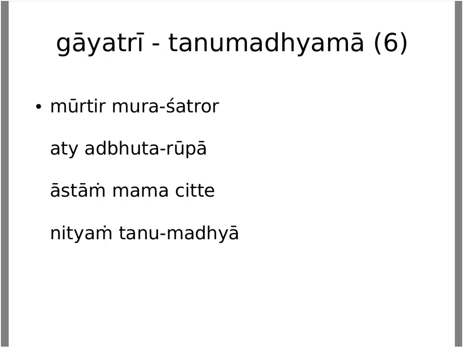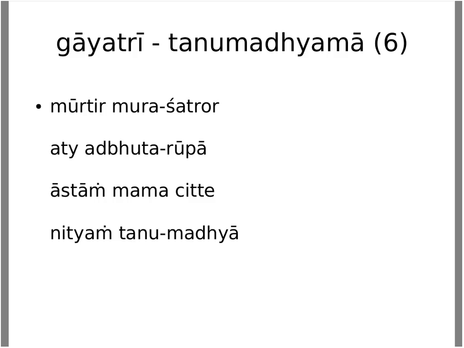Now, there's also a meter called Gayatri. You've heard the term Gayatri. Gayatri is a type of prayer. There's a Gayatri mantra beginning with Om Bhur Bhuva Swaha. That is actually one Gayatri mantra. There are many Gayatri mantras.